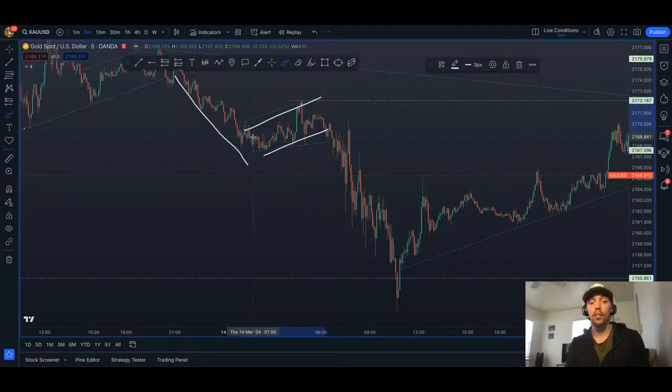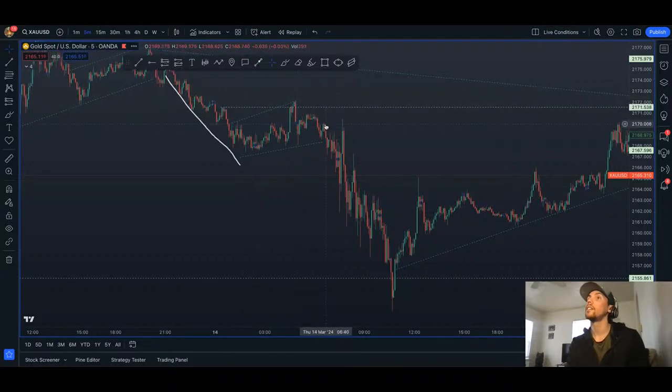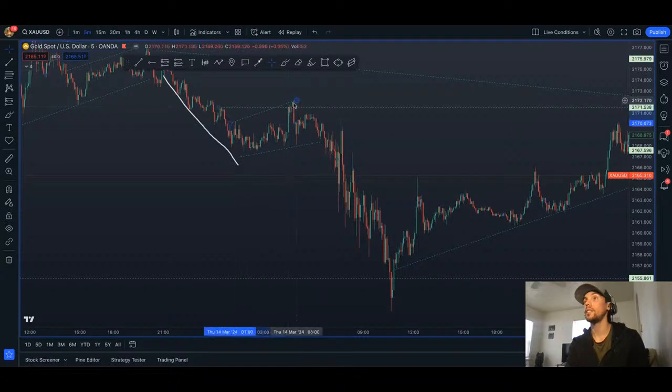Okay, let's go back. So yeah, there is a high here that never got taken out. Look, right here. So we have a nice flag forming.